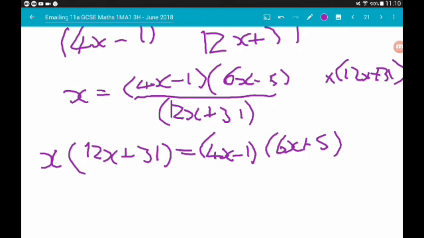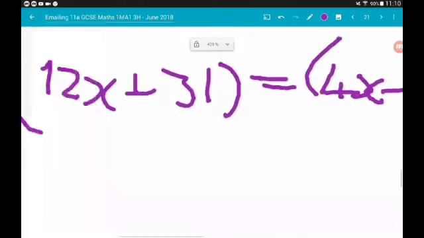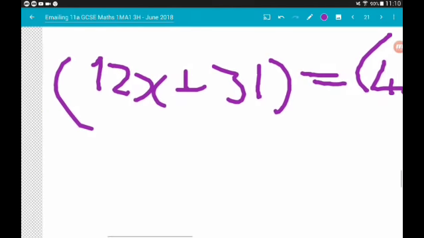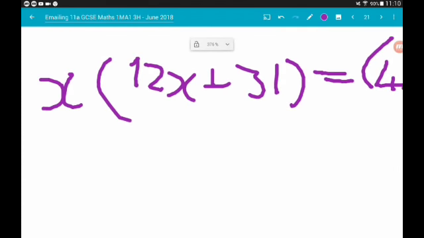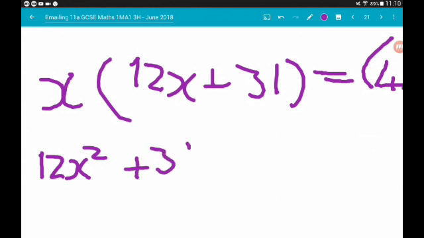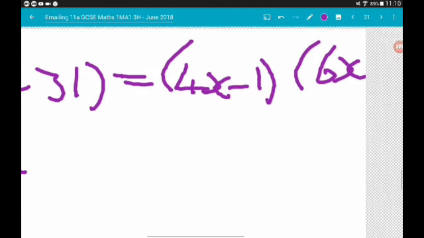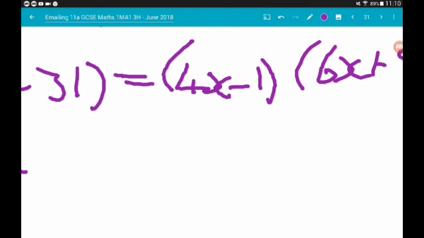Okay, so now we want to expand the brackets. So, on the left, x times 12x is 12x squared. x times 31 is 31x. Okay, now the right is going to be a little bit trickier.